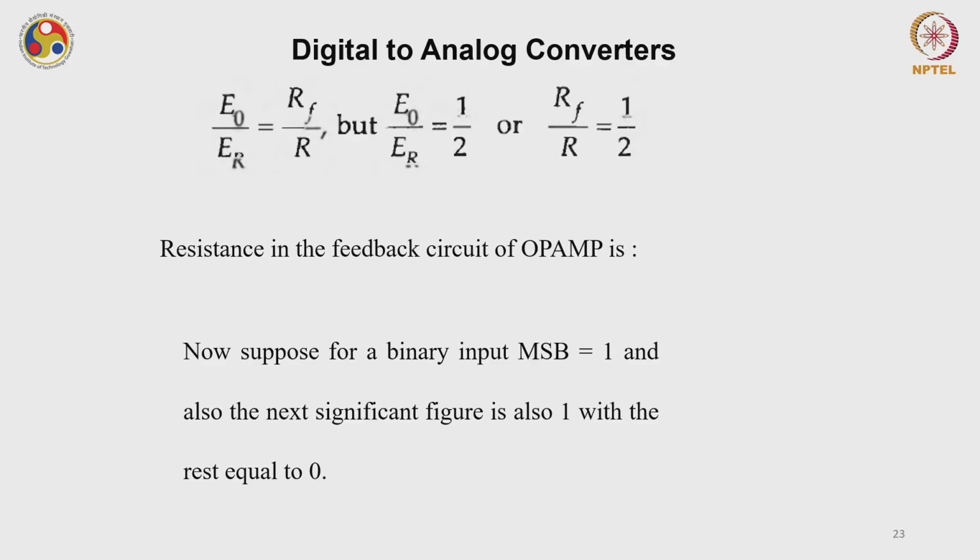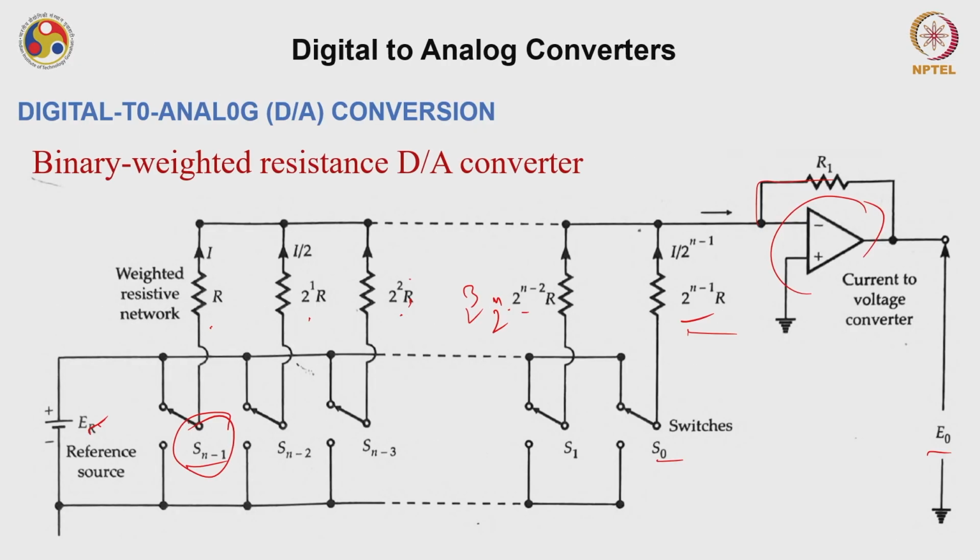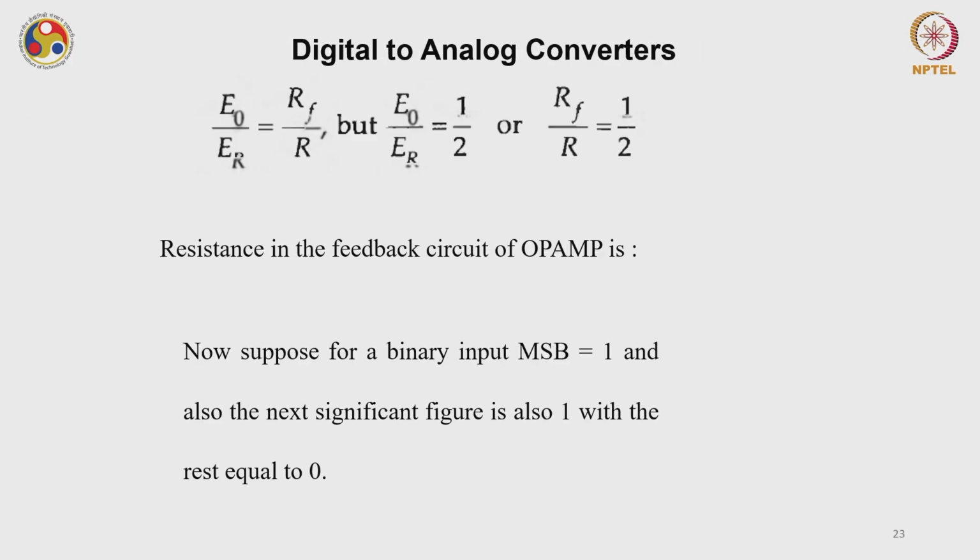In that case, E0 by ER will be equal to RF by R, where RF is the feedback resistance. Now, since E0 by ER is already 1 by 2, we can write that RF by R is equal to 1 by 2. So the resistance in the feedback circuit of the op-amp is now this value.